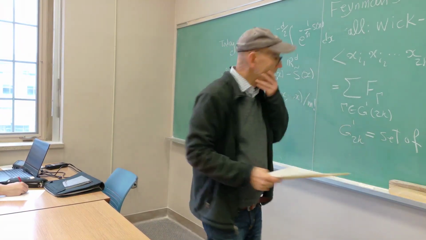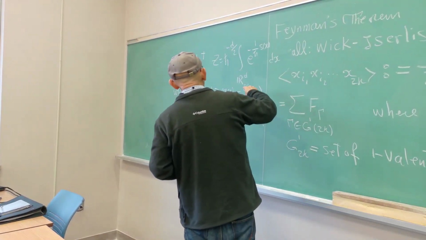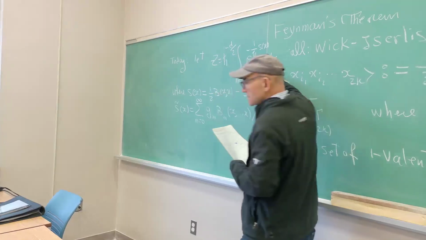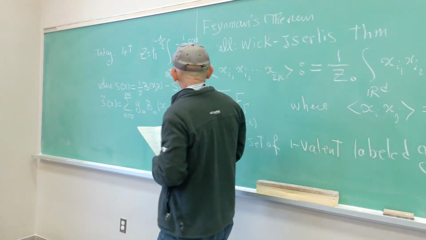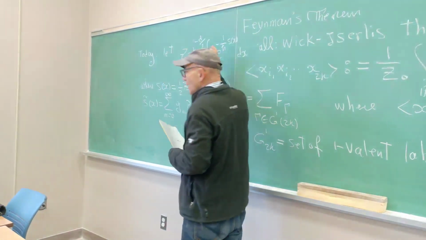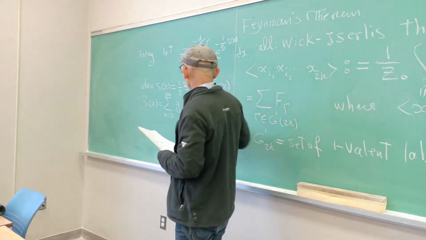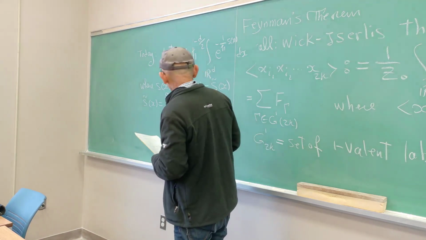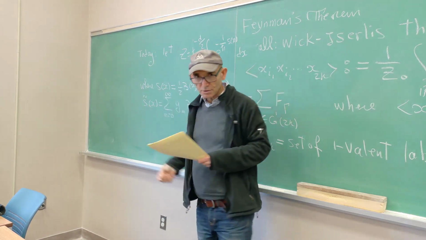Okay, so we want to have a recipe to compute this integral now, this partition function. First of all, we have to say what we mean by this, because there are a lot of issues here. It's an infinite sum, first of all, and then also this integral may or may not converge.